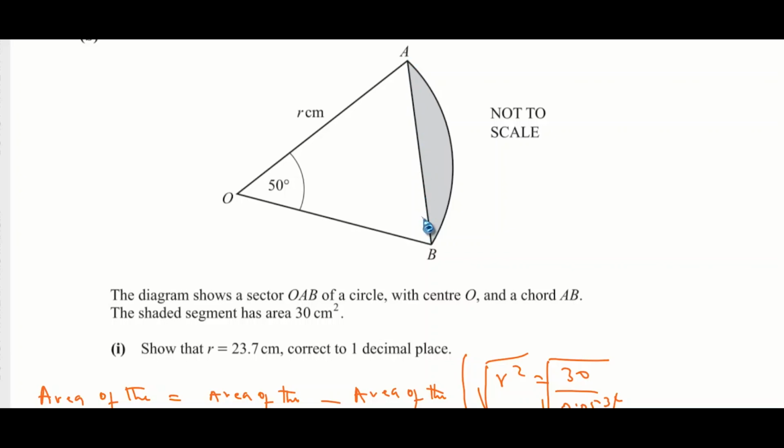So this is the length of the chord AB, and this is the length of the arc AB. We have to add these two together. That is the distance around the shaded portion.